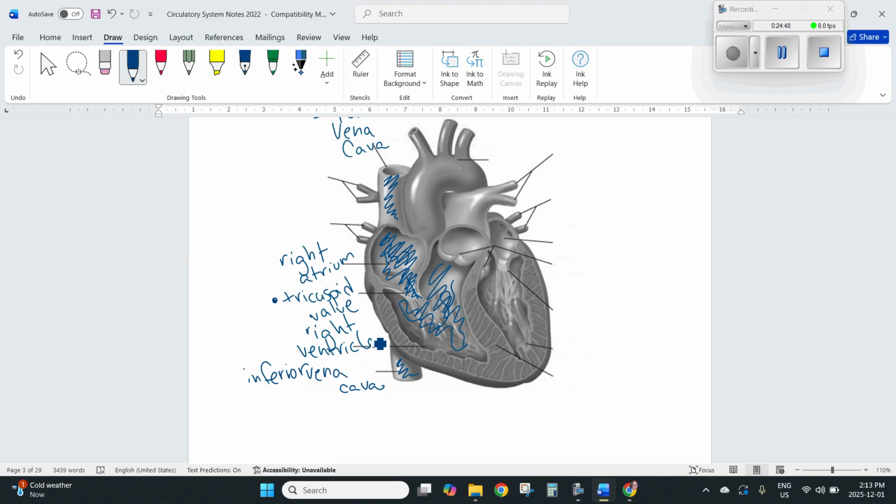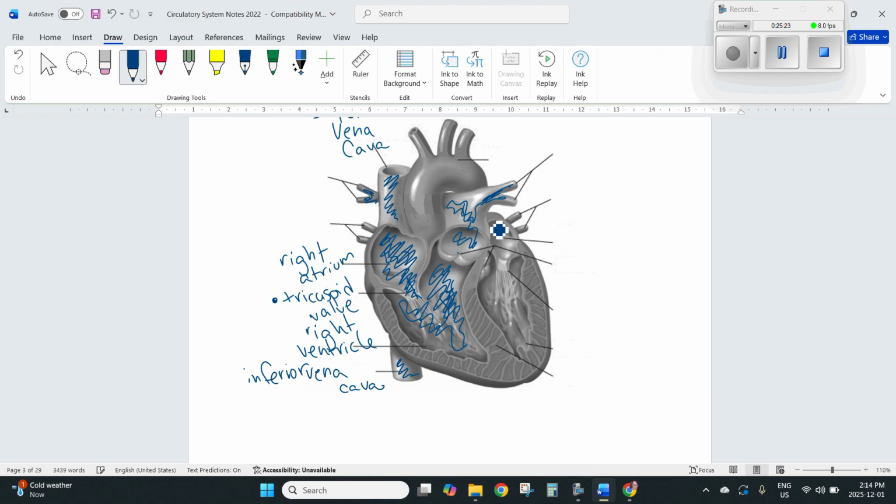Now, if I follow this pathway, you will notice that the only place blood can go next, because it's not going to go backwards, blood only flows in one direction in the body, is out this blood vessel right here. This is a huge blood vessel, and then it branches to the left, which is the right side of the paper, and goes in behind this semicircular structure off to the side over here.